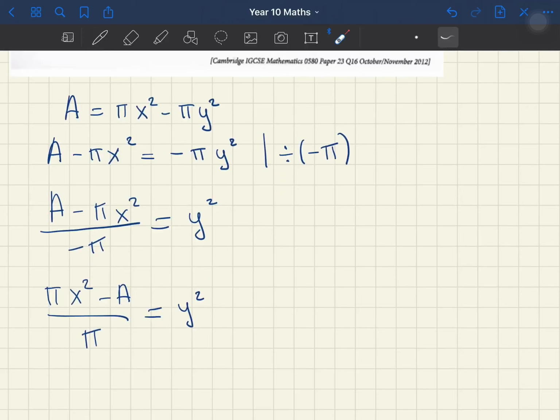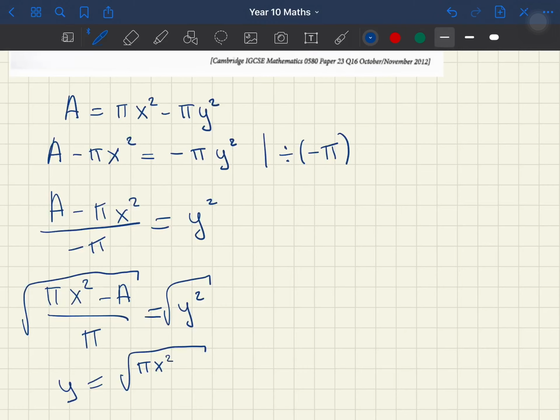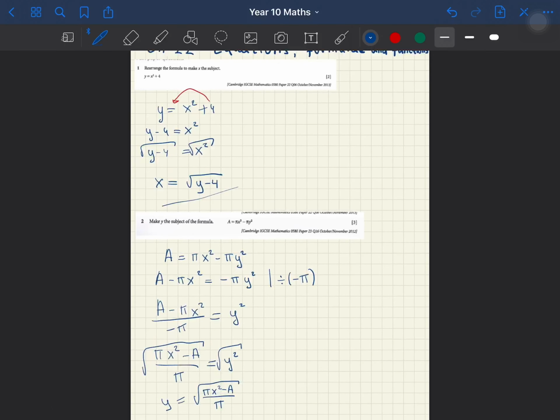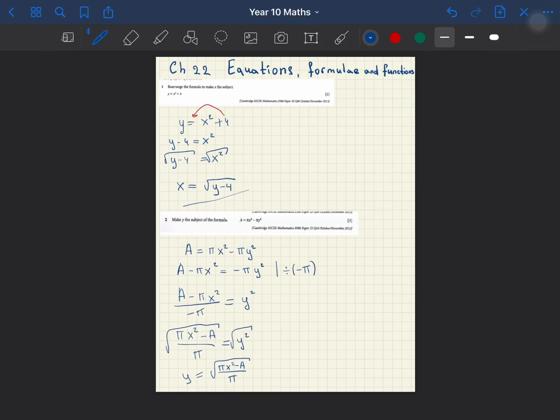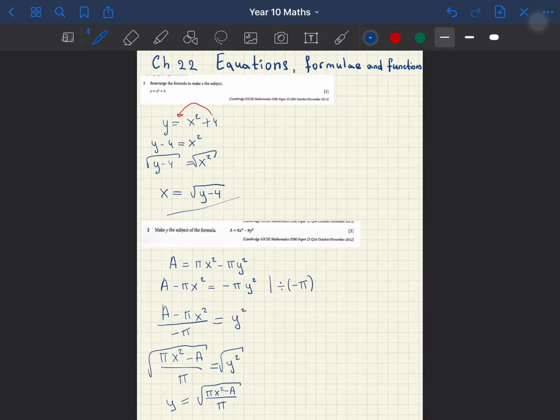And now all that's left is to take a square root from both sides. So y is equal to square root of pi x squared minus a divided by pi. Okay, that's it for this question. Again, look carefully at this material.